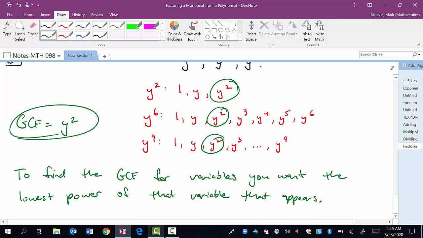So when I say that, it's really important to understand that the variable still has to show up in all your terms. But if it does show up in all your terms, you want the lowest power that you see.